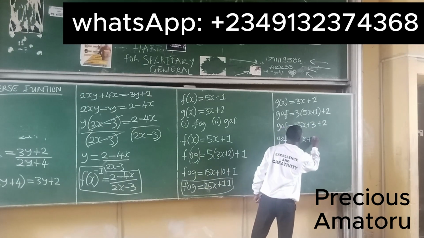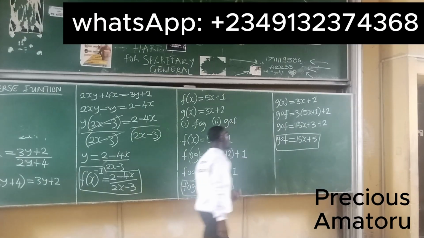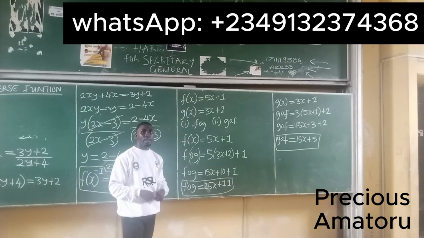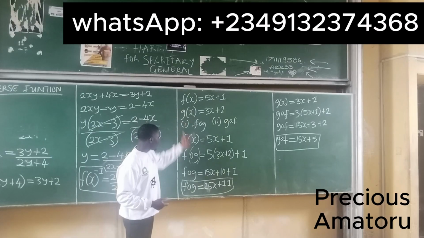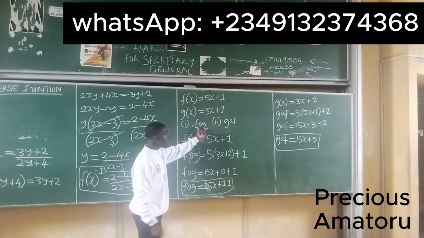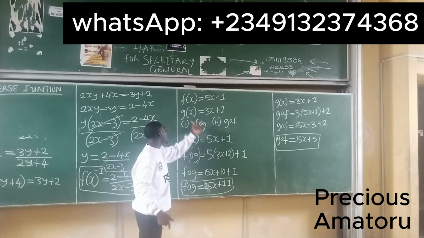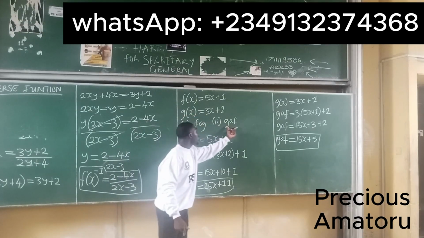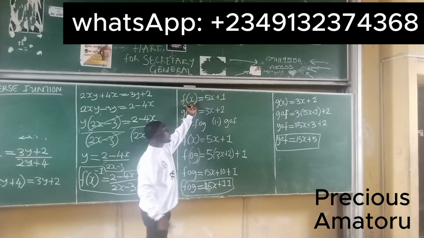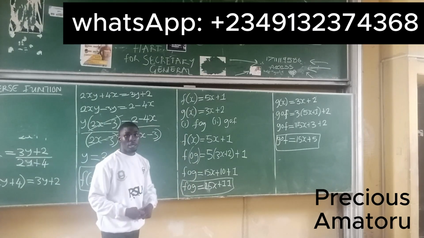So this is now g of f. Let me quickly wrap up the concept behind this: for f of g, the x should be replaced with g of x, and for g of f, the x should be replaced with f of x. That's basically the concept behind this.